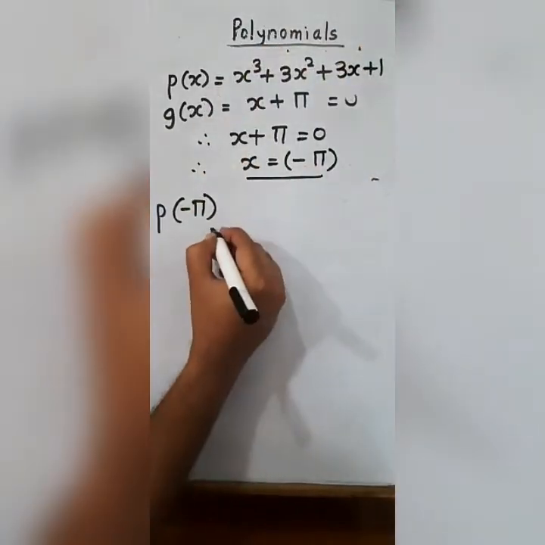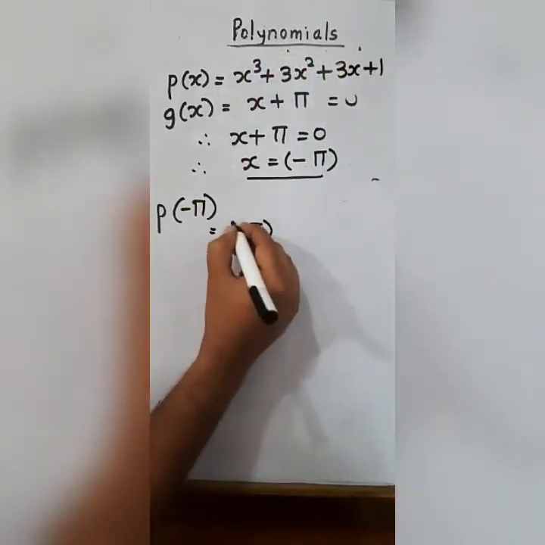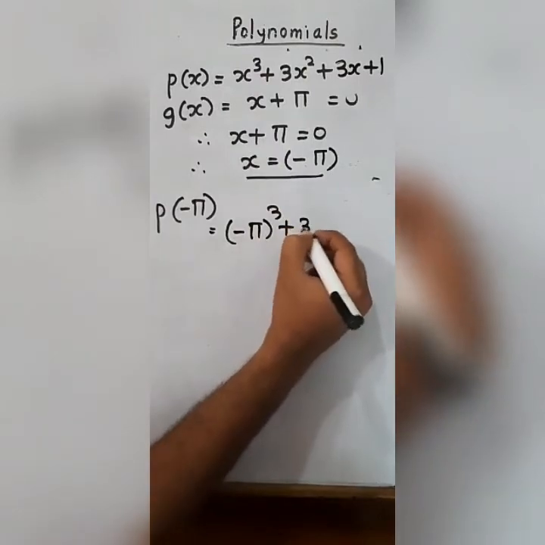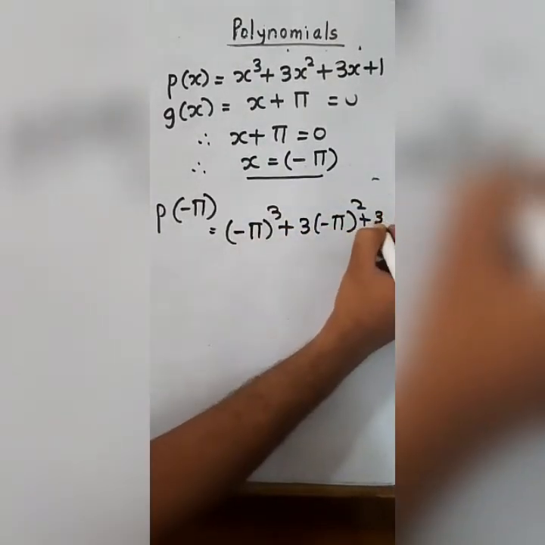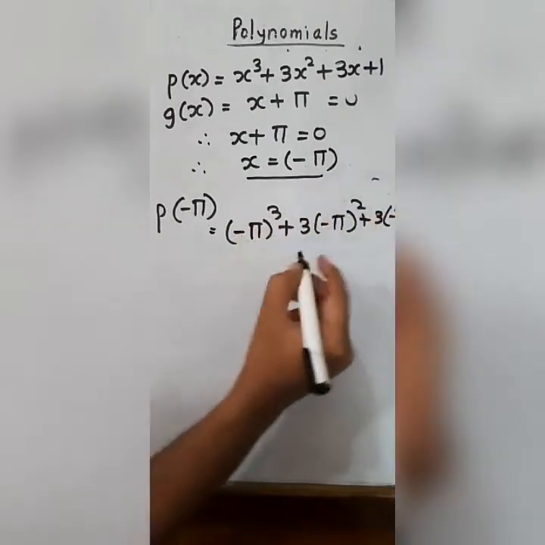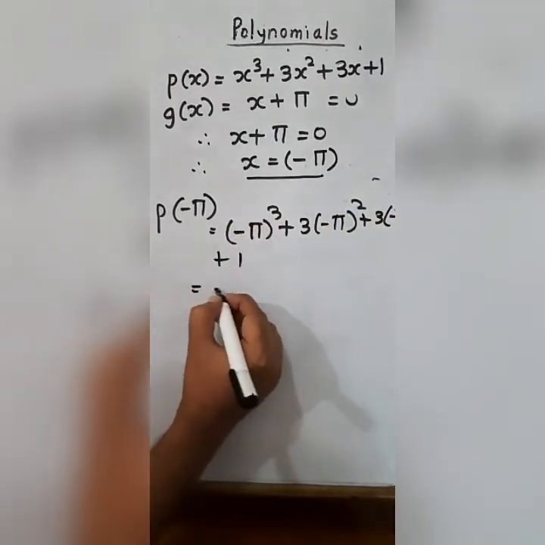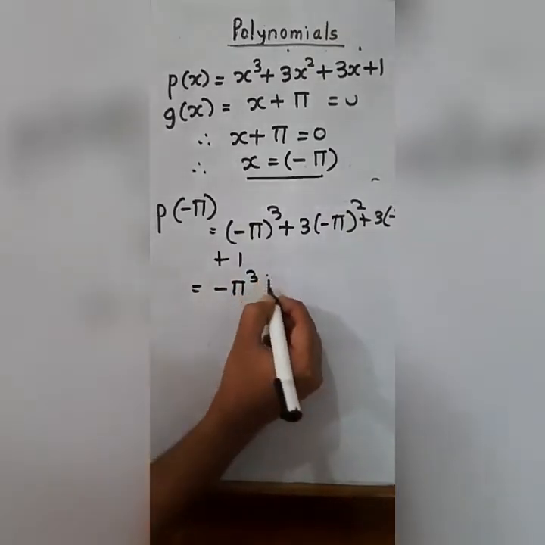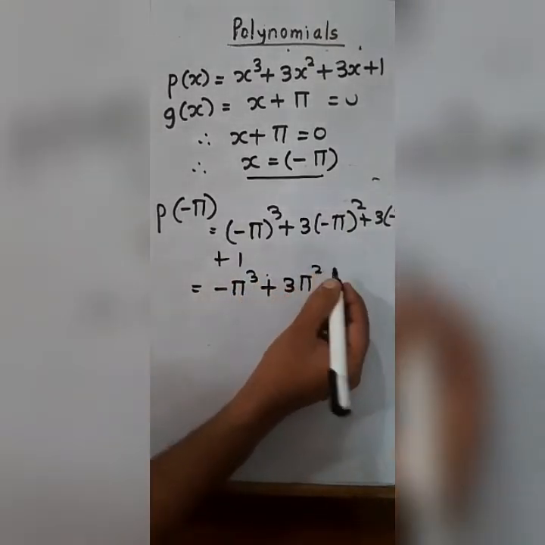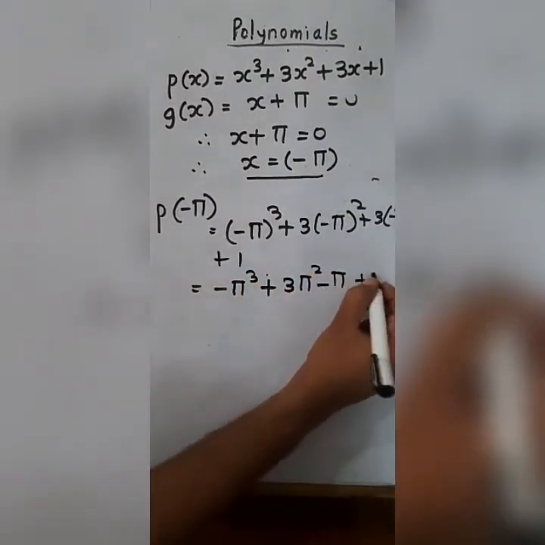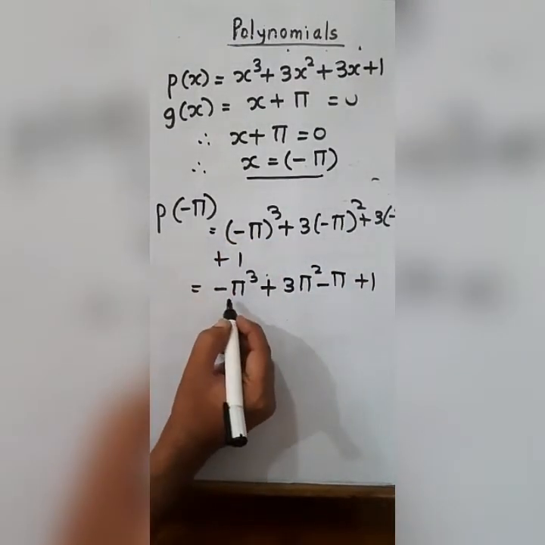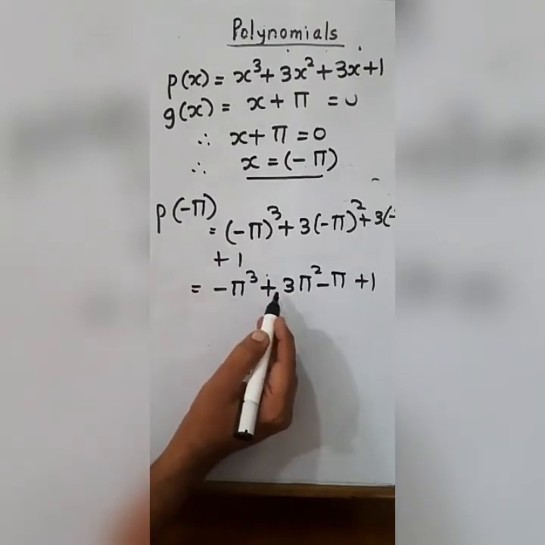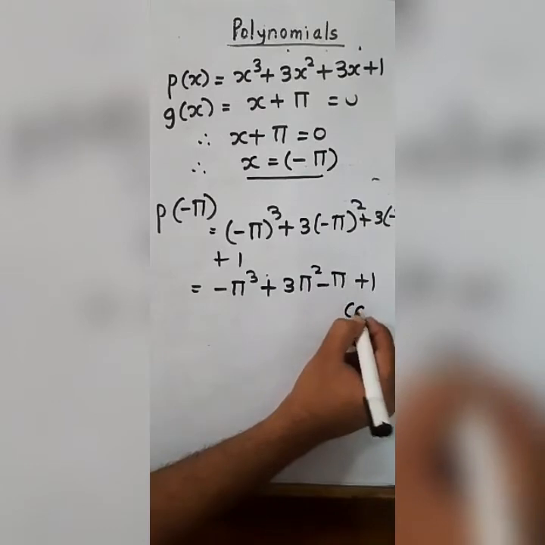So it will be minus pi the whole cube plus 3 into minus pi the whole square plus 3 into minus pi plus 1. So this becomes minus pi cube plus 3 pi square minus pi plus 1. Option number A. Option A is this answer.